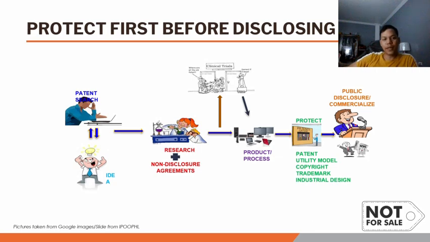And if many customers would like to buy these products, you will have a share, a percentage, and you have this passive income. So there are many people now who are very rich because of their invention, but it needs to be protected.